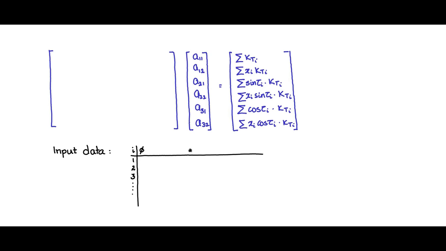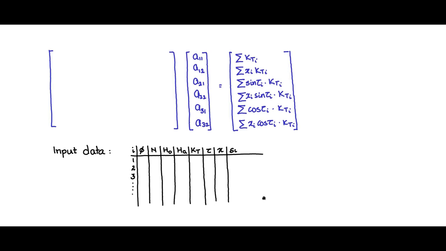We need phi, the latitude, we need the day number n, we need to compute h naught, ha, kt, the clearness index, and you need tau, x, sine tau, cos tau. These are the values which you need if you have to compute this matrix and this matrix.